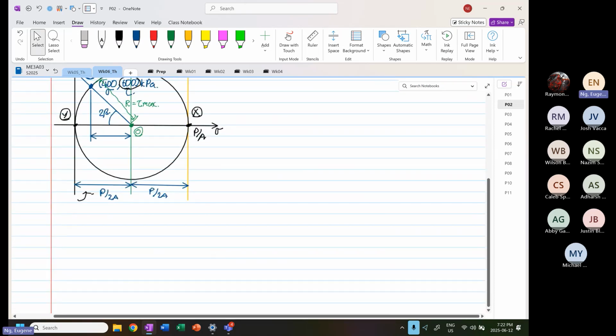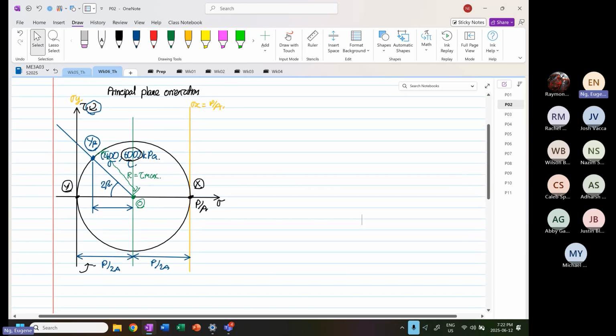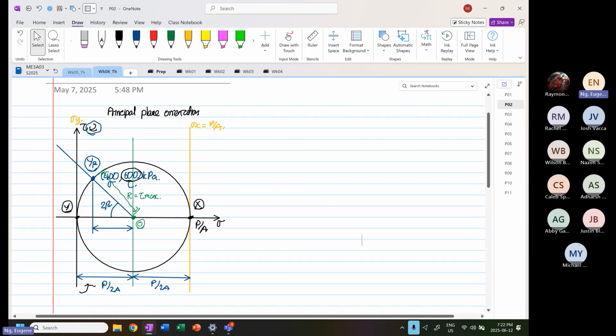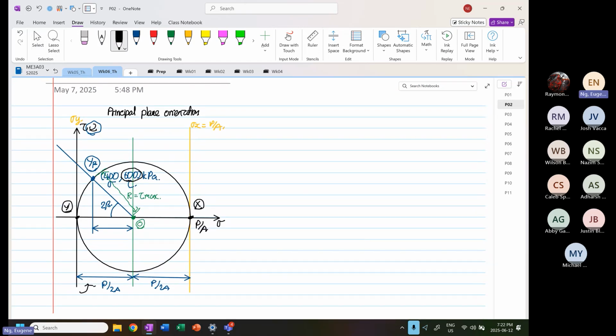Right. So now we are going to form the equation based on shear, right? So we are going to form shear y beta. So this will be equal to the radius, which is tau max sine 2 beta, right?